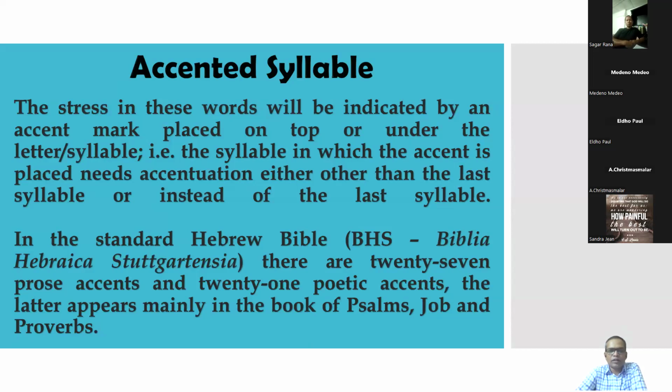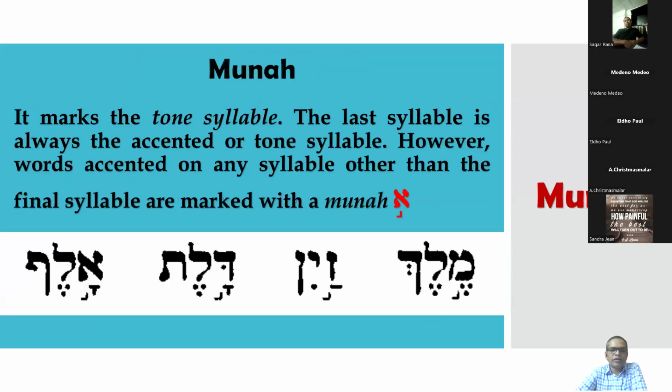There are also poetic texts, like Job or Proverbs, and Psalms can also come under the category of poetic texts. There are many accents in Hebrew: 27 prose accents and 21 poetic accents. But we are not going to see all those accents. We are going to see only the basic accents in this class.